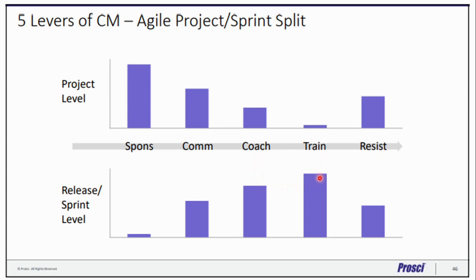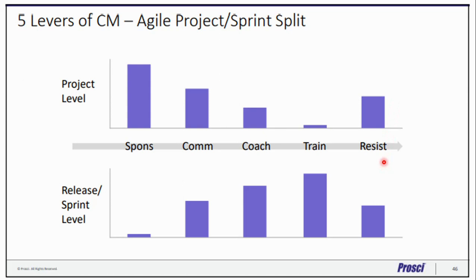Training is where, at each sprint and each release, you display the functionality and do a UAT, showing how to use the system. So training definitely has more weightage at the release level. Resistance again is a 50-50 split, because at the product backlog level, the spec level, you try to break down your vision into backlogs, and there will be resistance when you are pitching the new methods of doing things.